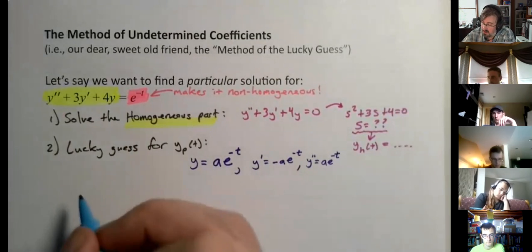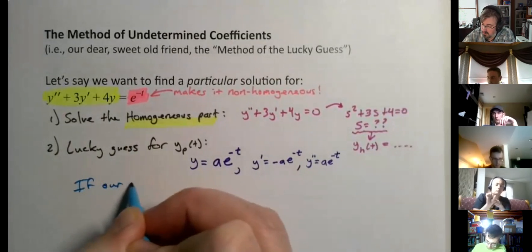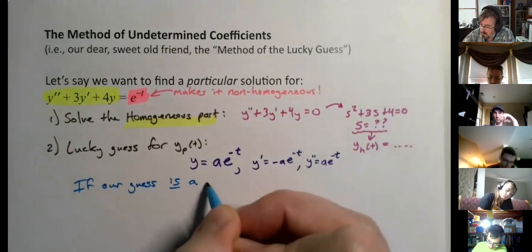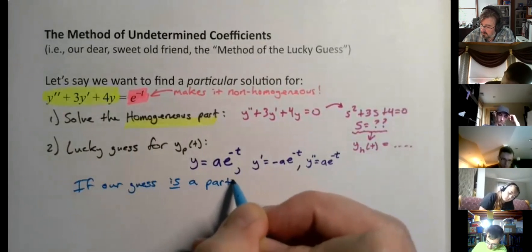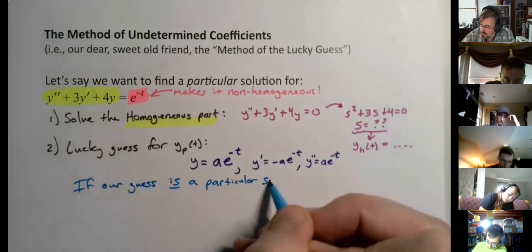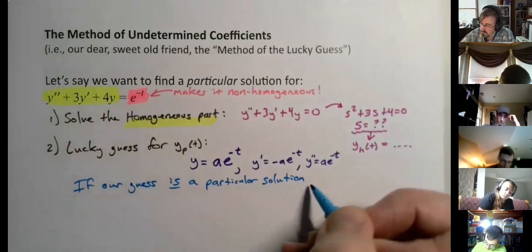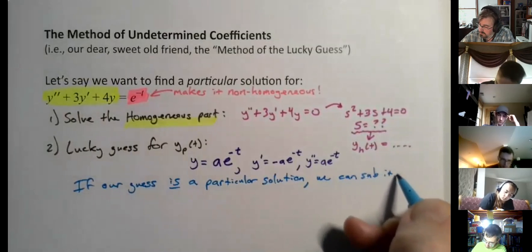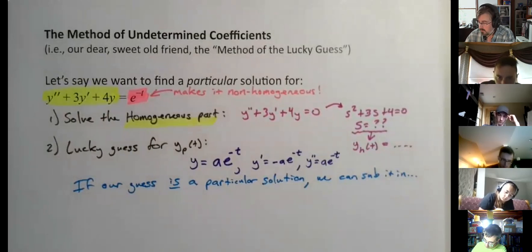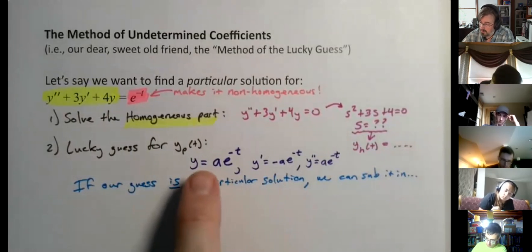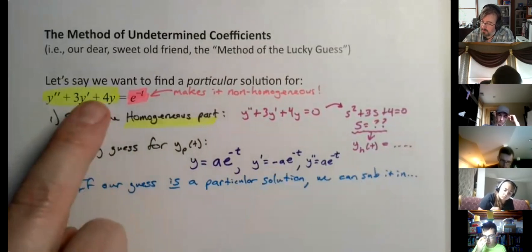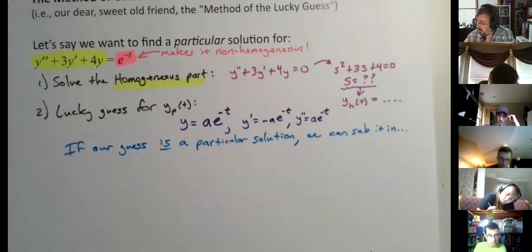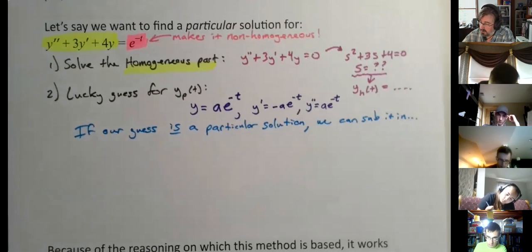We can say, if our guess is correct, if it's a particular solution, we can sub it in. And so I'm going to take these 3 things and plug them in for y, y prime, and y double prime into the equation. So we'll take it out for a spin and see how it works.